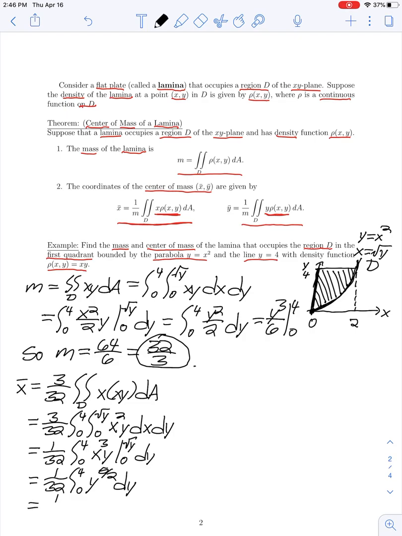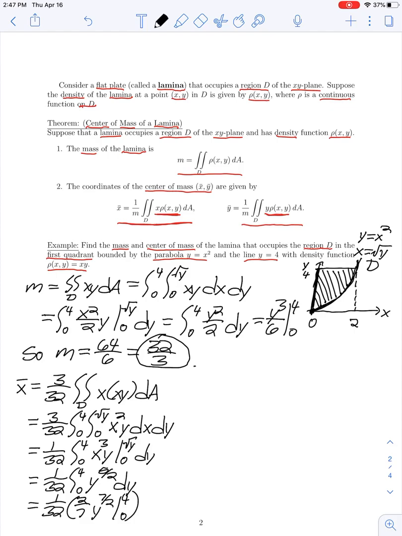So let's see what we get. We've got 1 over 32 times the antiderivative of y to the 5/2, which would be 2 over 7 y to the 7/2, evaluating from 0 to 4. So plugging in 4 in place of y, 4 to the 7/2 is the same as 4 to the 1/2, and then raised to the 7th.